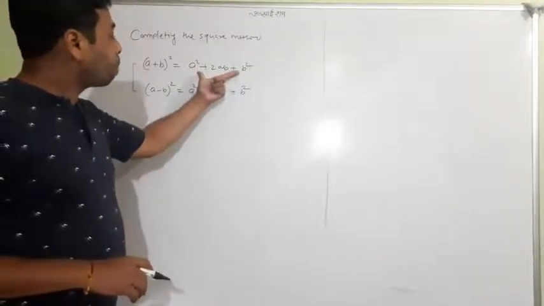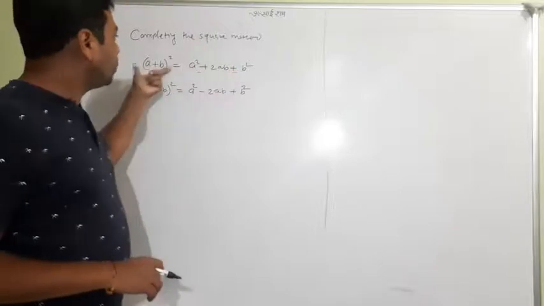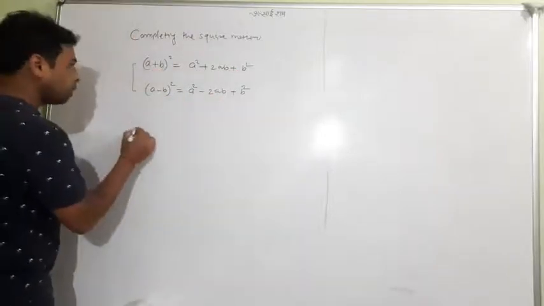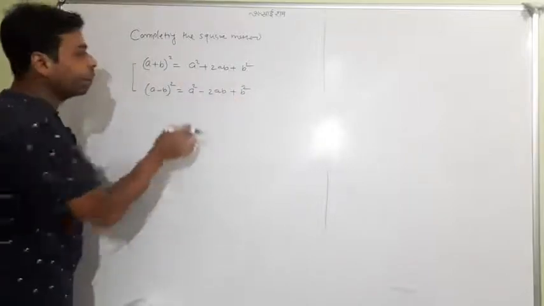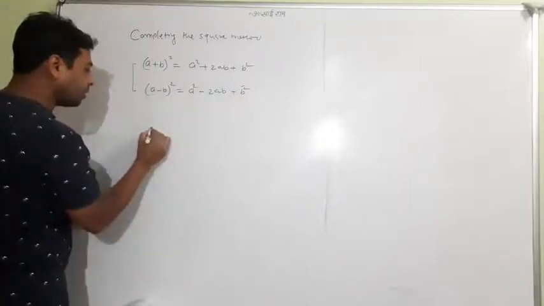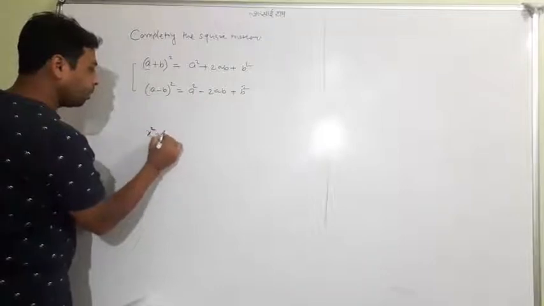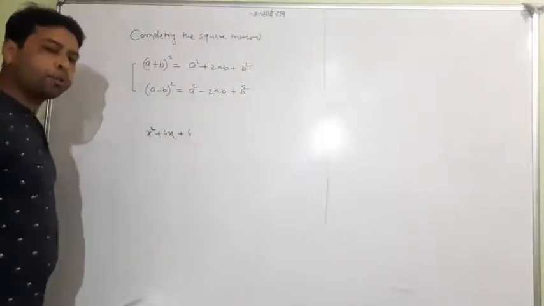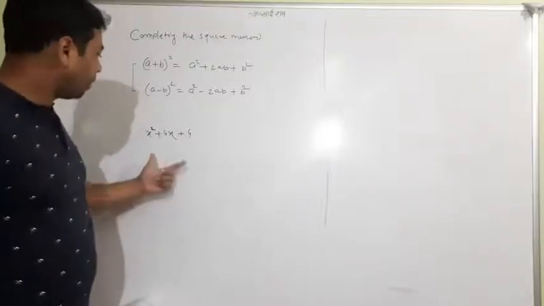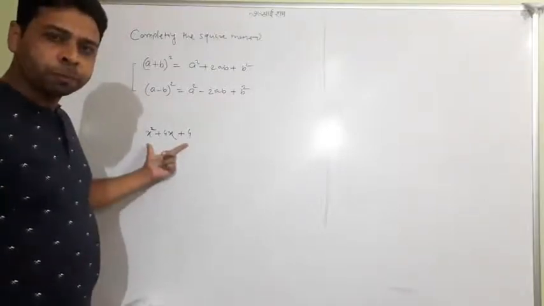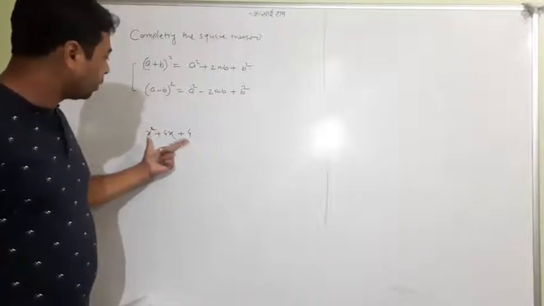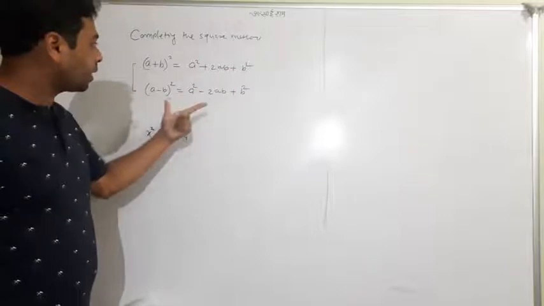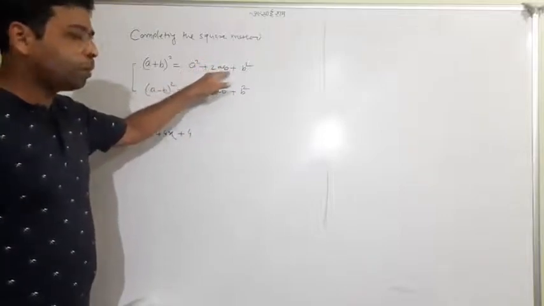This term will follow this term. If I have something like x square plus 4x plus 4, one can easily predict that this is just like a square plus 2ab plus b square.